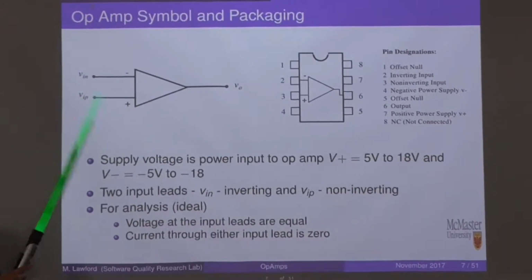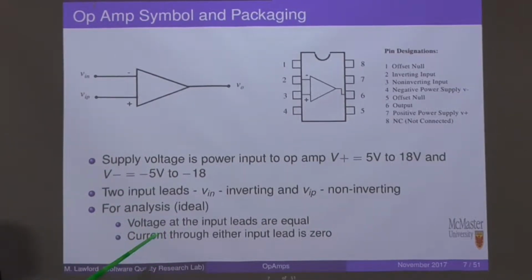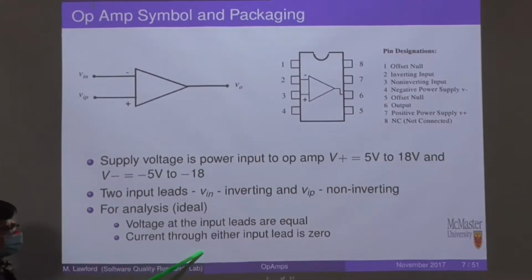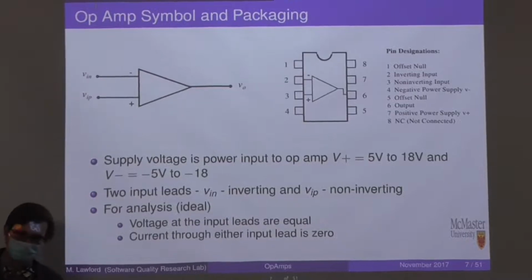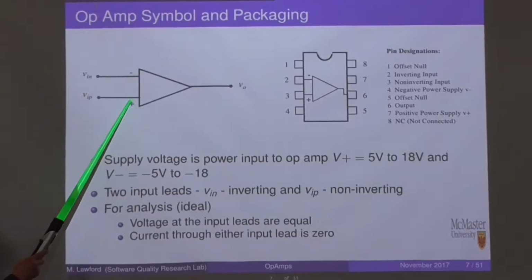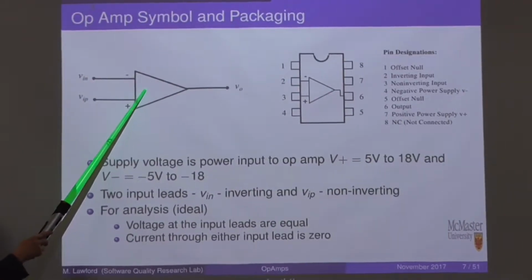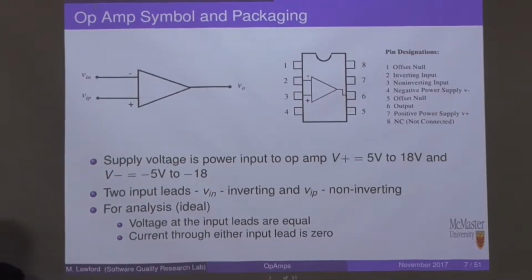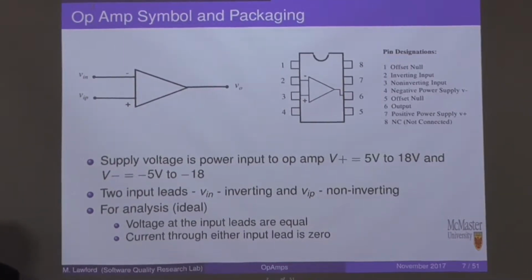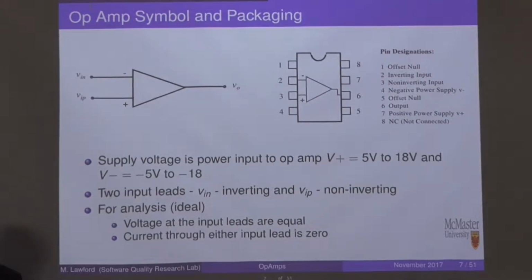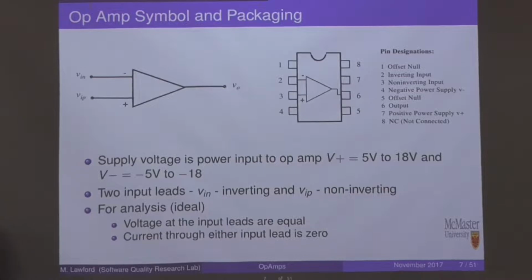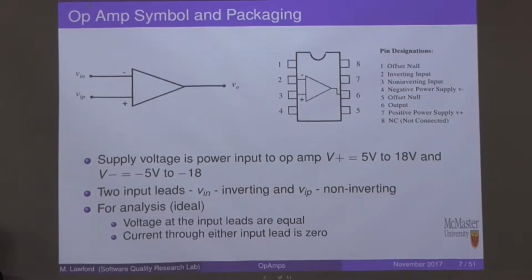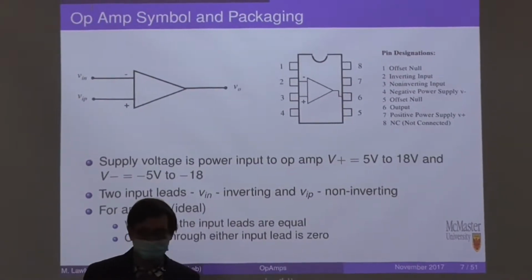V plus and minus would also work here. The other assumption that you make is that the current through either input lead is 0. So we assume that the input impedance here is sufficiently high as to all but block the flow of current. This, of course, isn't quite true, but it's true enough for us to be able to perform approximate analyses. Good.